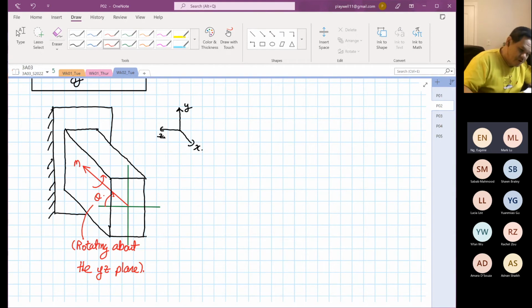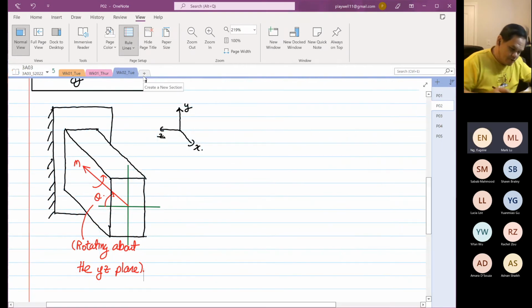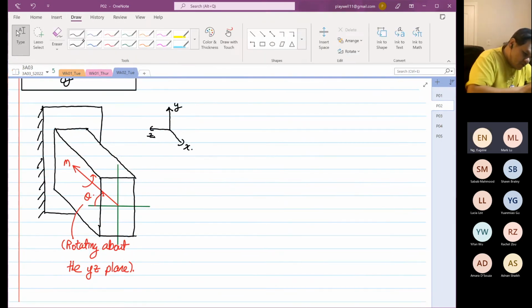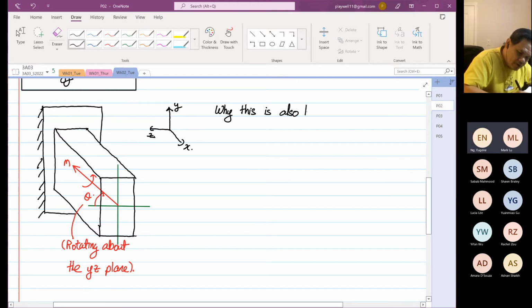Okay, so the next question we usually tend to ask ourselves, okay, I just showed you symmetrical bending. So the next one, we also will ask ourselves, why this is also known as unsymmetrical bending, right?